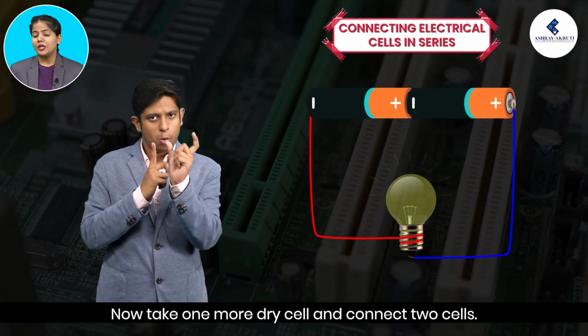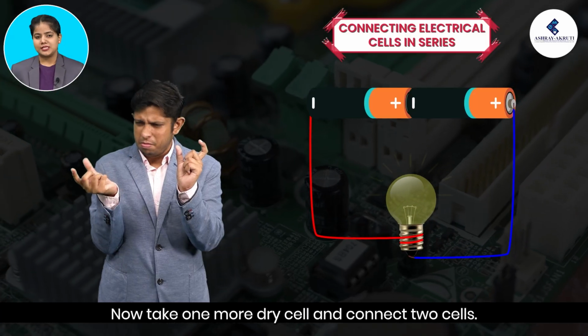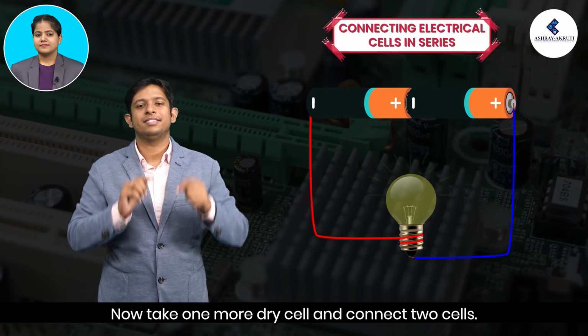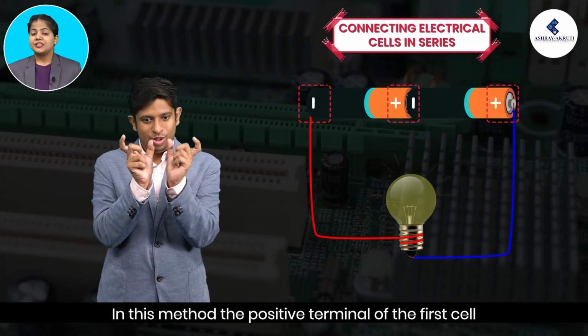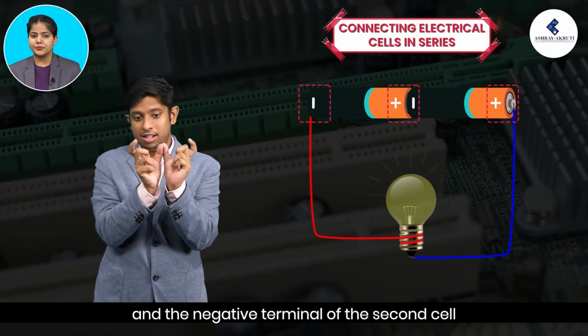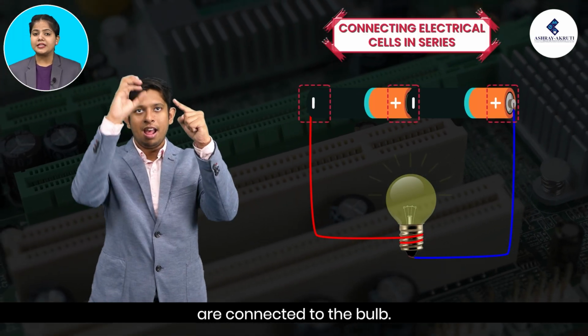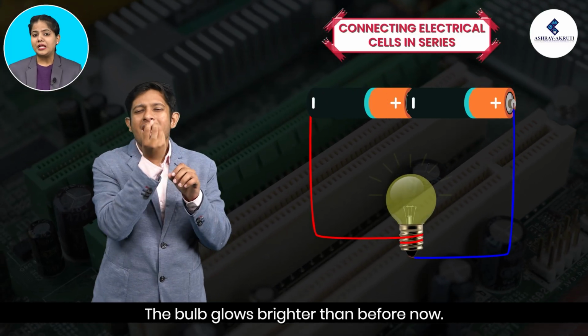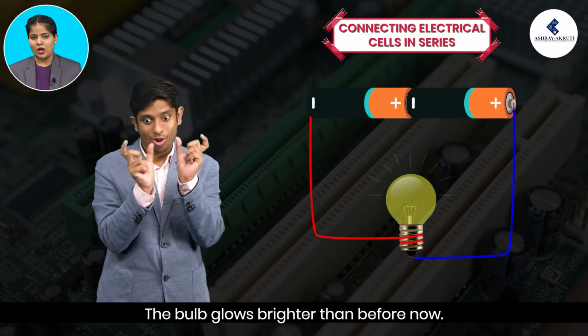Now, take one more dry cell and connect two cells. In this method, the positive terminal of the first cell and the negative terminal of the second cell are connected to the bulb. The bulb glows brighter than before now.